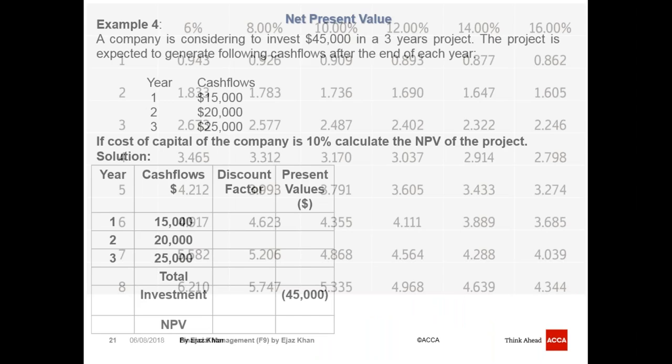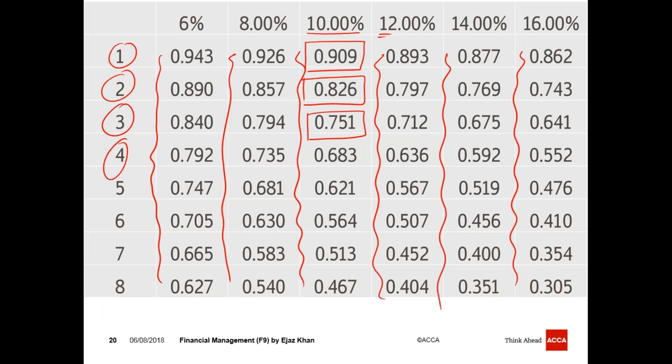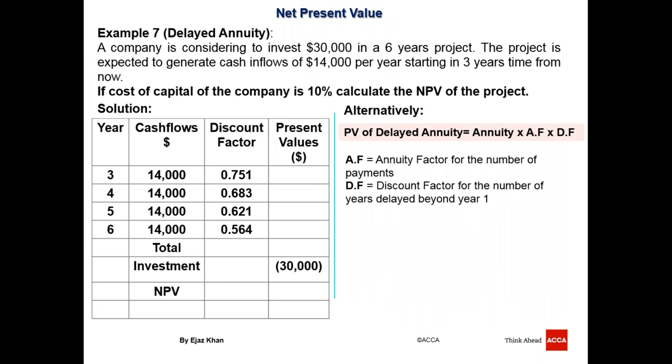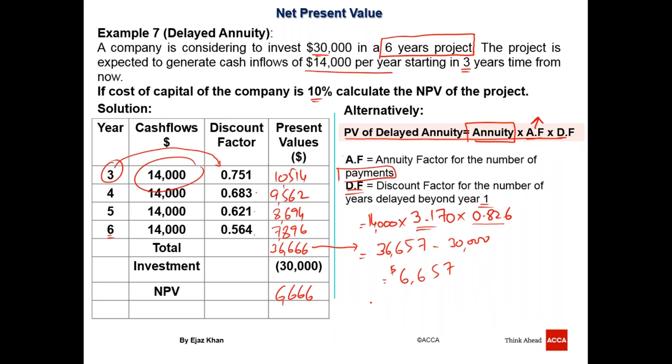What were the cash flows? 14,000. So if we multiply 14,000 by 2.619, we will almost get the same answer. 14,000 into 2.619, 36,666.